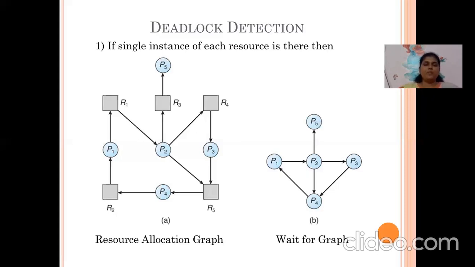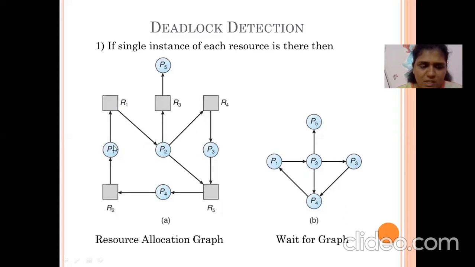Now, this resource allocation graph will be converted to a wait-for graph. How that is done, we will see. Just observe: this is process P1. It is requesting resource R1, but R1 is occupied by P2. That means process P1 is dependent on process P2 for resource R1.